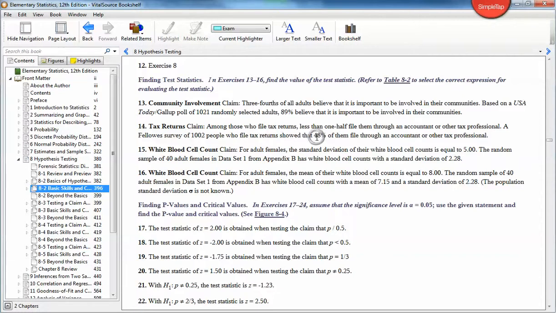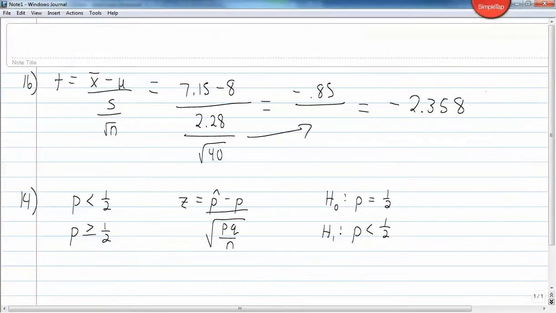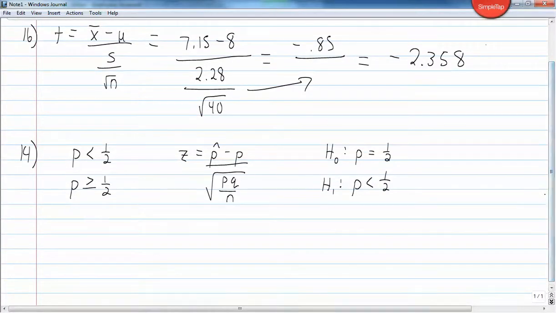So that's your point estimate, p hat, 0.48. Alright, so p hat is 0.48. p is 1/2 or 0.5. q is 1/2 or 0.5. And n is 1,002.